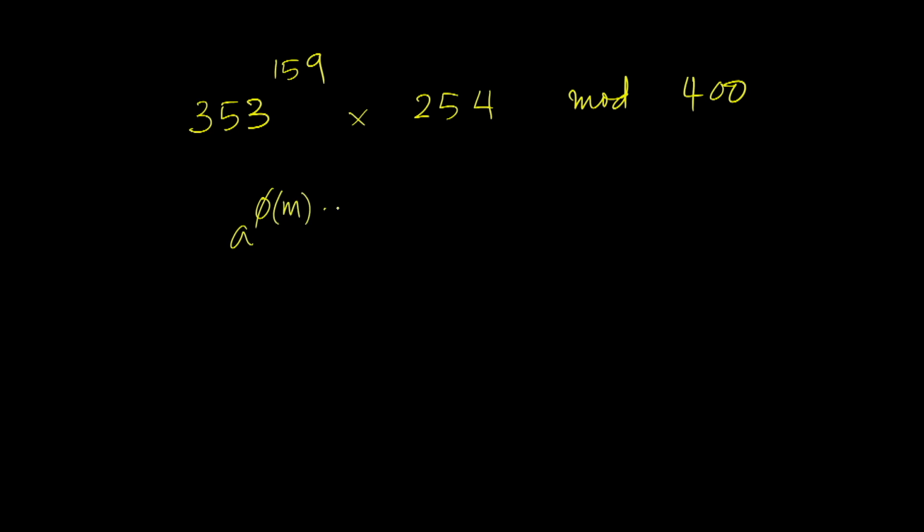So, 353 power 159, that is phi of 400 minus 1, into 254. As the theorem shows, a power phi of m minus 1 times b equal to x1 is a solution.